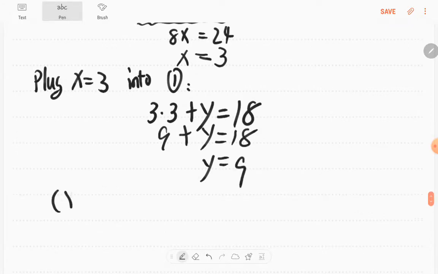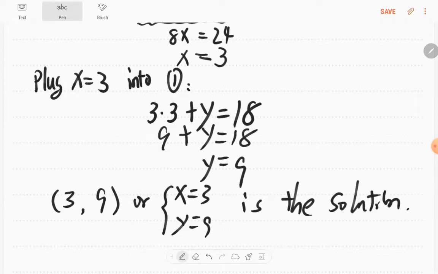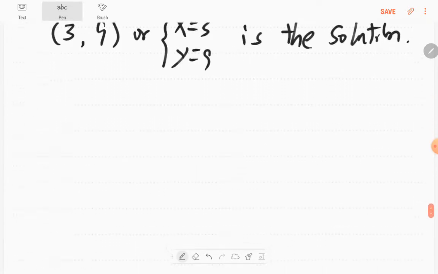So x equals 3, y equals 9 is the solution of this linear system. Sometimes you can get this quickly just by adding directly, but sometimes you need to change a little bit.